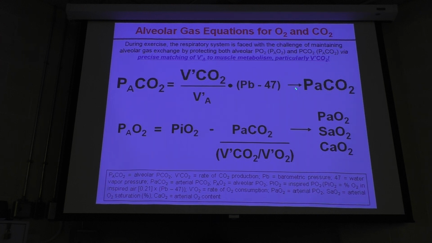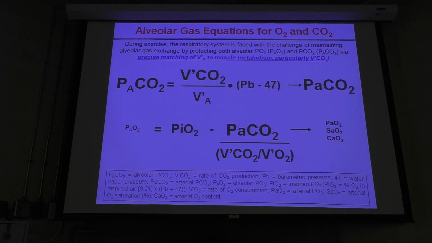Well, you can see that if you do not increase alveolar ventilation in proportion to metabolic demand, and you get a rise in alveolar and arterial CO2, this will actually have an impact on the amount of oxygen that exists in the lung, because there is ultimately a certain amount of pressure that's exerted by carbon dioxide and oxygen within a particular space, as you'll see later. And so if you increase the arterial CO2, this actually has the effect of decreasing the alveolar PO2, which has the consequence of actually decreasing or compromising arterial levels of oxygen, whether bound to hemoglobin, dissolved in the plasma, or the total oxygen content.